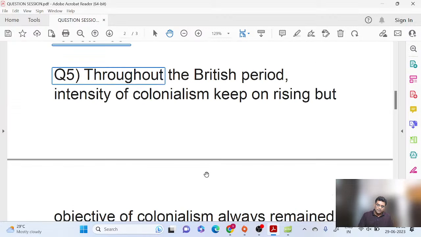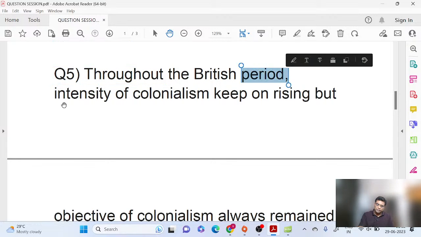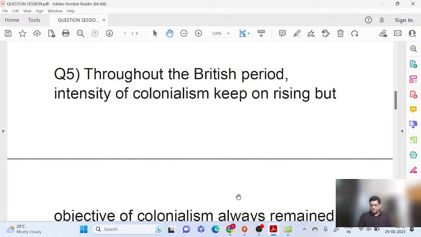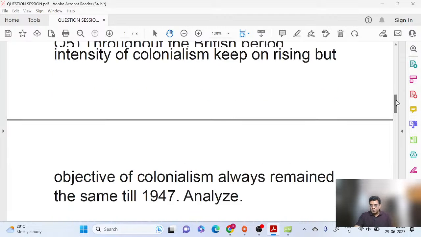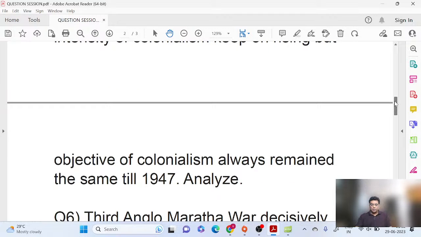Look at this statement. Intensity of colonialism kept on rising, but the objective of colonialism always remained the same till 1947. Analyze.